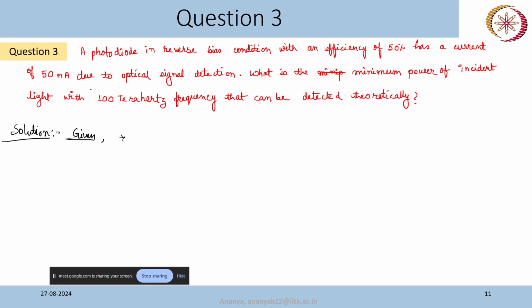First, it is in the reverse bias condition, right? Second, efficiency is given 50%. Eta. Efficiency in case of photodiode we denote using eta.